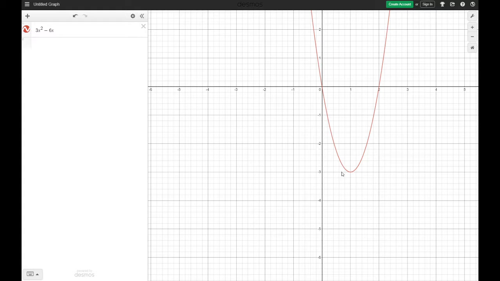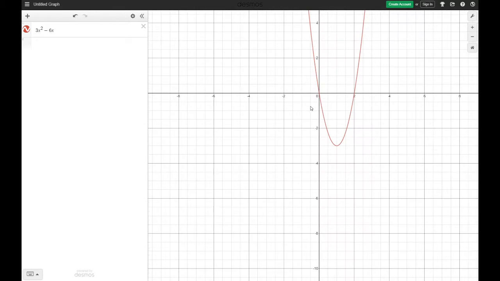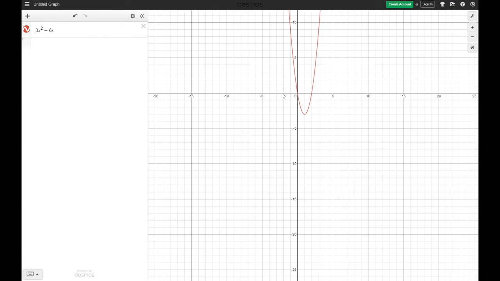I mean, y has to be greater or equal to -3, so x is going to have to be greater or equal to -3. And this one is also giving us a limit for x. Over here it says x needs to be between -2 and 3.